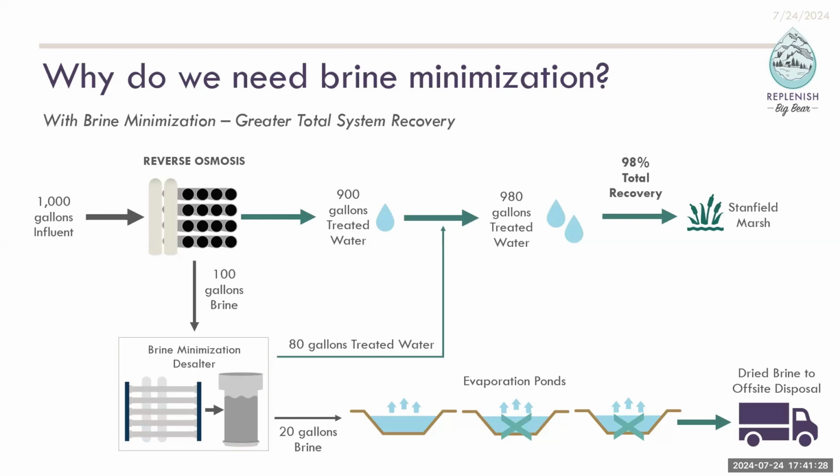And we also want to minimize that footprint of evaporation ponds for environmental reasons as well. So I don't think there's a direct analysis of that cost comparison. I imagine the brine minimization is more expensive. But we do it because it provides more benefits: it's easier to manage, requires less land, and allows us to recover more water for beneficial use relevant to the lake.